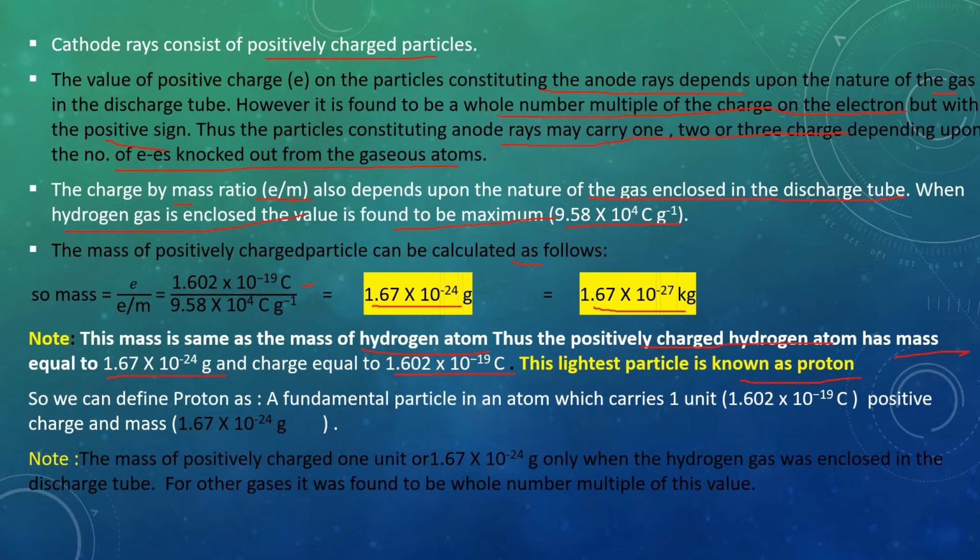So we can define proton as a fundamental particle in an atom which carries 1 unit positive charge, that is 1.602 x 10^-19 coulomb, and mass equal to 1.67 x 10^-24 gram. The mass of the positively charged particle is 1.67 x 10^-24 gram only when hydrogen gas is present in the discharge tube. For other gases, it was found to be a whole number multiple of this value.